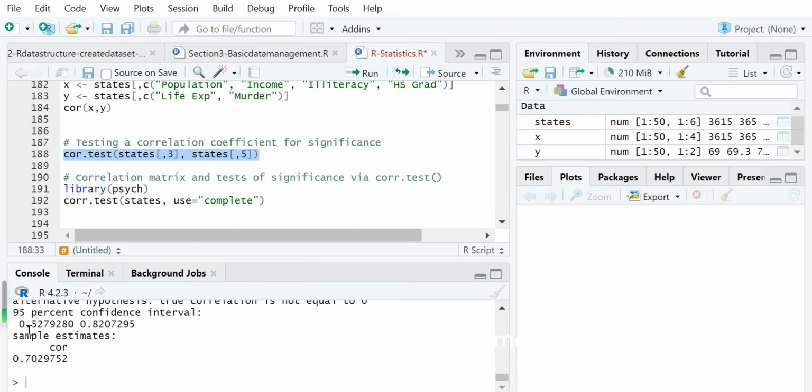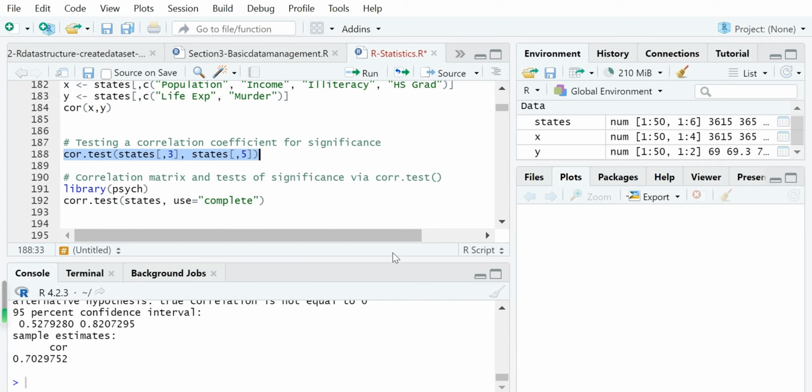But if we test 100 times, we can say with 95% confidence that such a range will cover the real value of the correlation coefficient. So in this test, the range is all positive, so we can say with 95% confidence that this range will cover the real value.